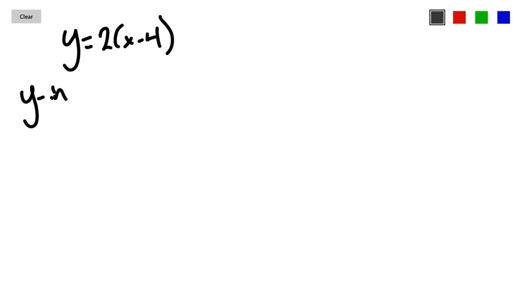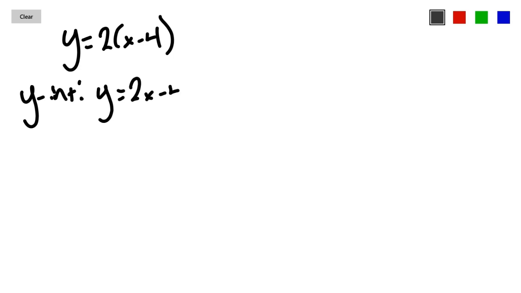Alright, now that you get the general gist of it, I'm going to go through a few more examples relatively quickly. So I have y is equal to 2 times x minus 4. And if I want to find the y-intercept of that, I would convert this first into slope-intercept form by distributing. So I have y is equal to 2x minus 4, or minus 8, excuse me.